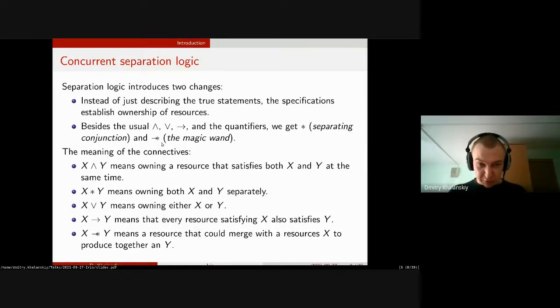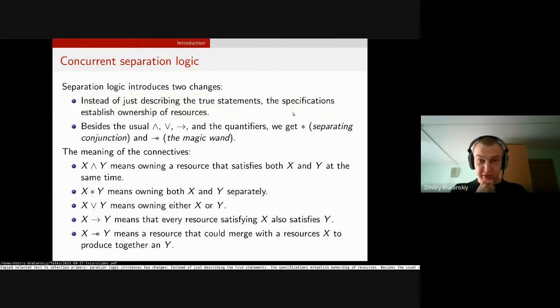I don't know how established this term is, so I'll just be using it. And also separation logic doesn't only describe true statements, it instead specifies ownership of resources.